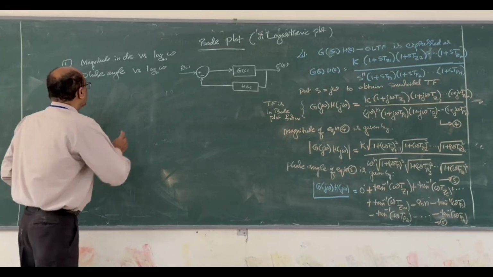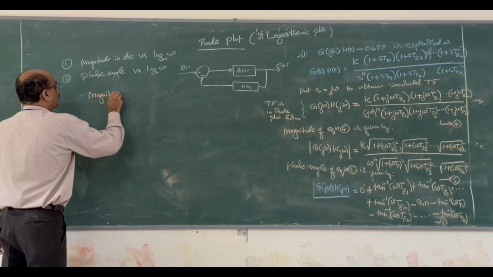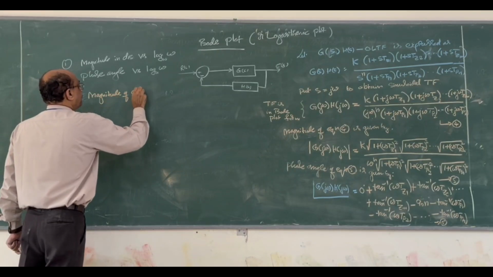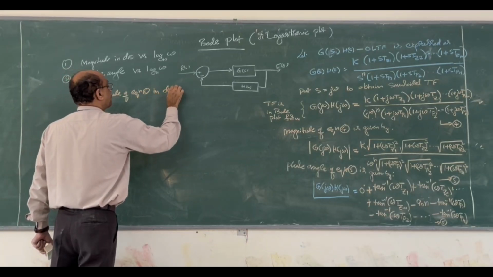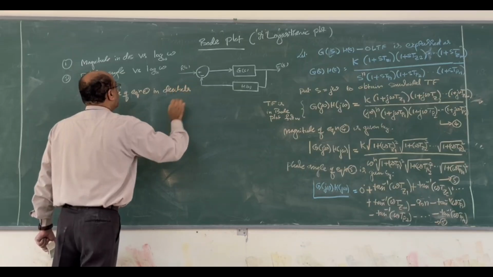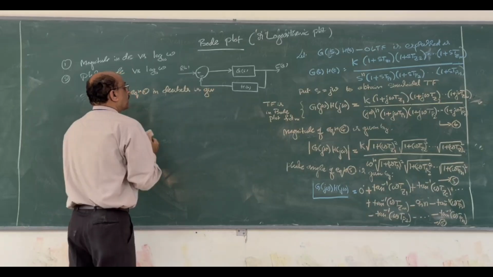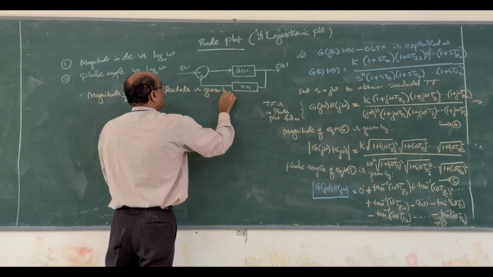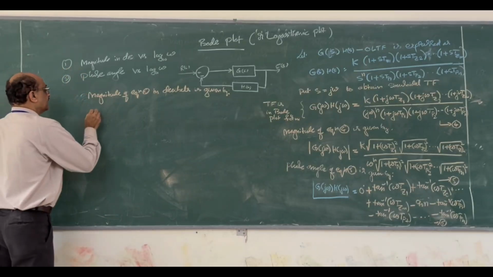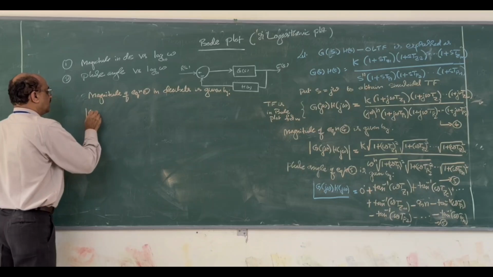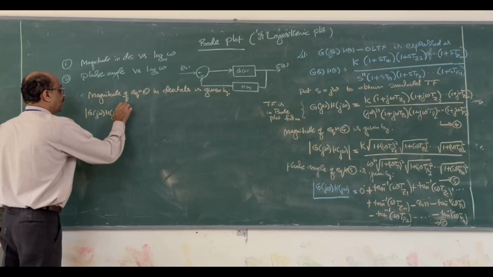So the magnitude of equation 5 in decibels is given by, I just call this g of j omega, h of j omega in dB.